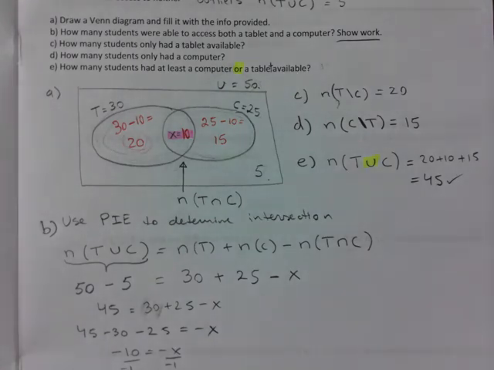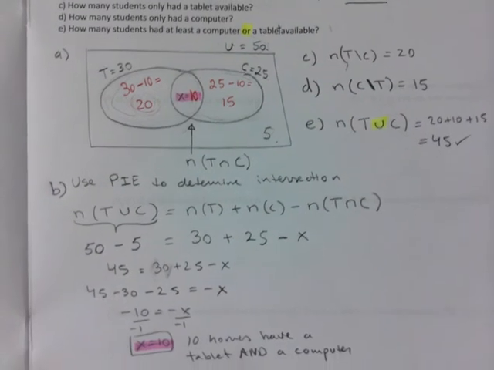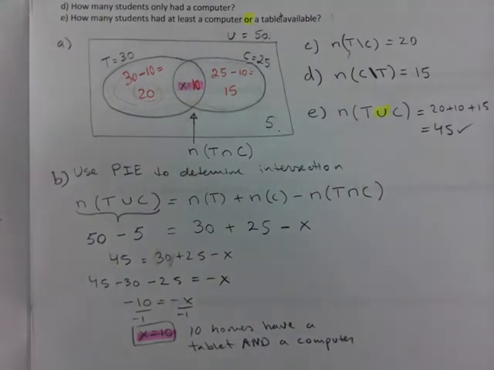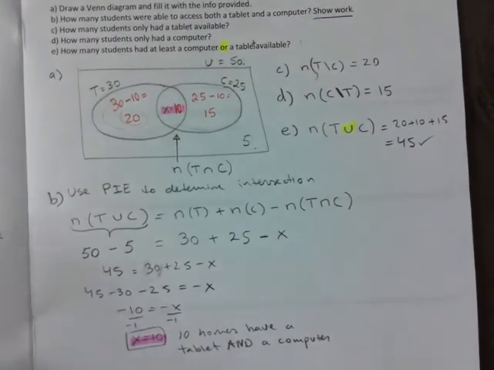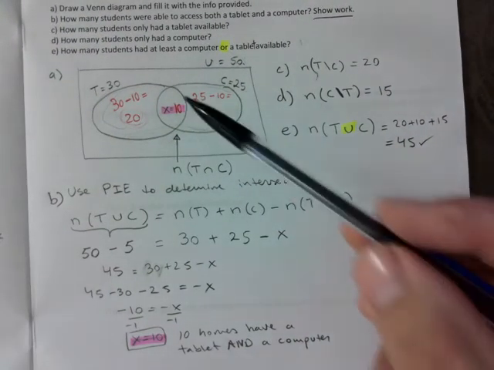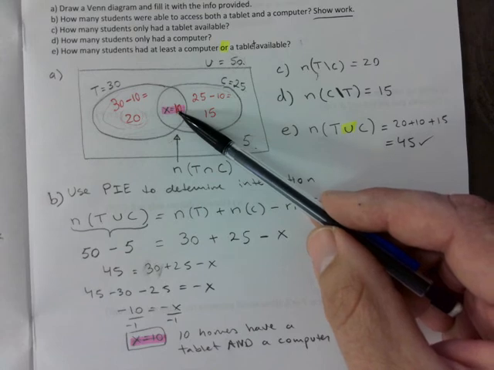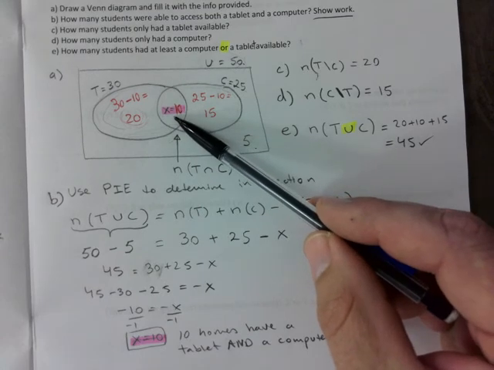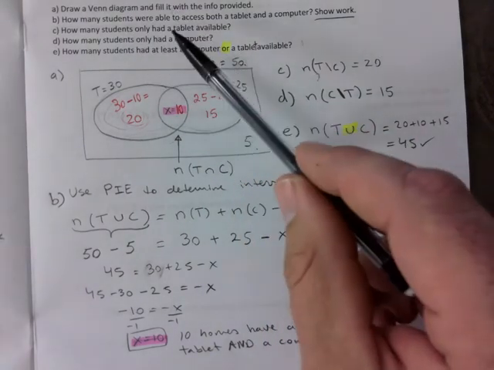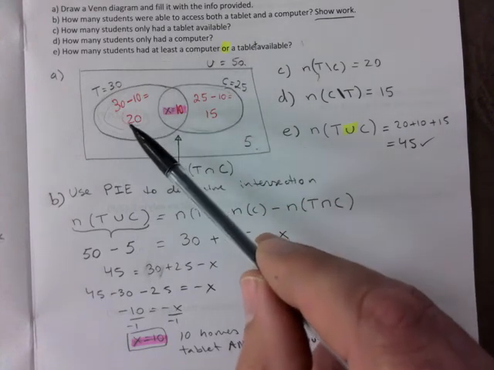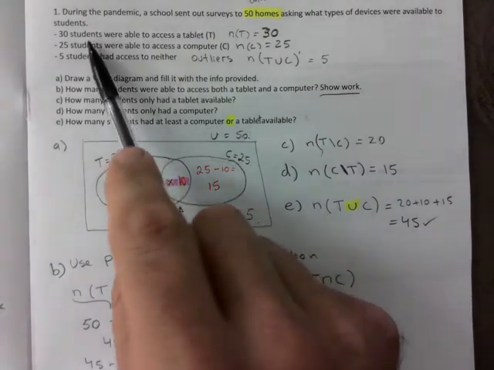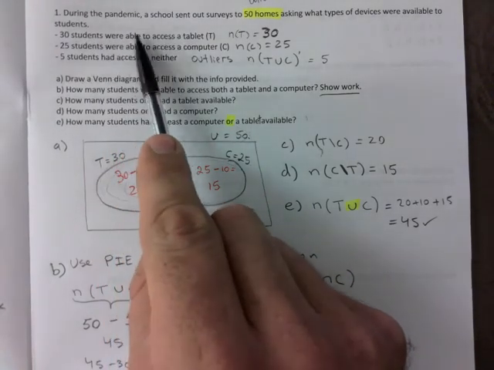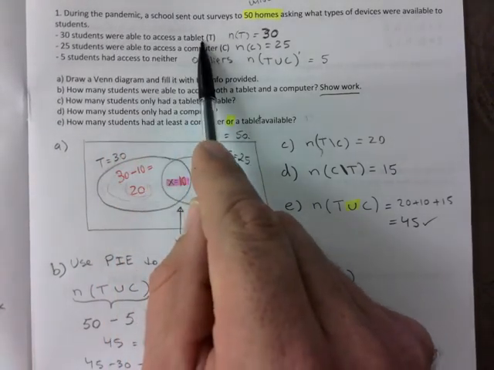So I'm going to ask you, at this point, I want to just maybe prepare you for the work that I'm going to assign. So, Mr. Dirksen, what if they gave me this, right? What if they gave me this and the question might have said at the very beginning here, 30 students only had a tablet.